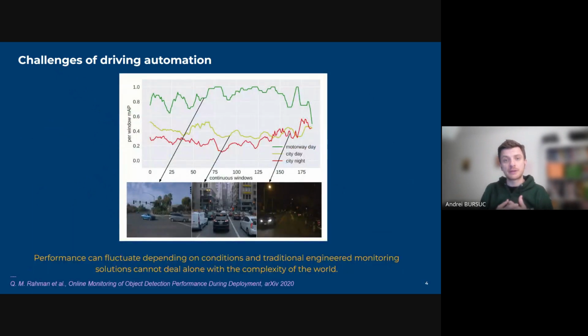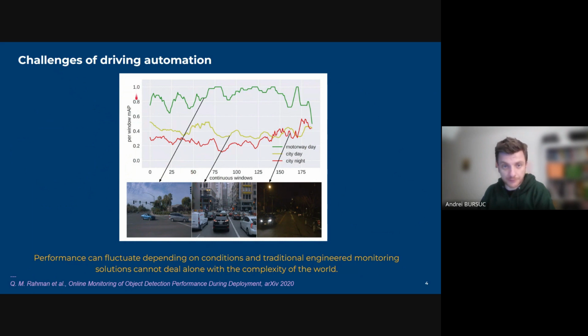So again, when looking at the challenges of driving automation, we can see, taking this example from this paper of Rahman et al., where they analyze the behavior of an object detector. So they try to predict the performance of an object detector at test time, across different traffic conditions.